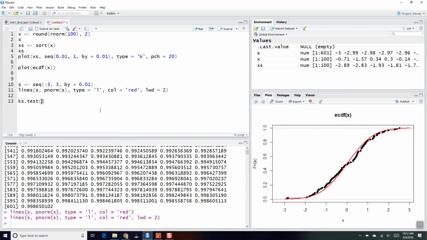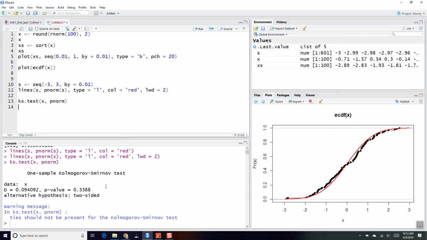and basically we would take our data x and we ask it to compare against pnorm. And it says ties shouldn't be present in the KS test, but here we go.